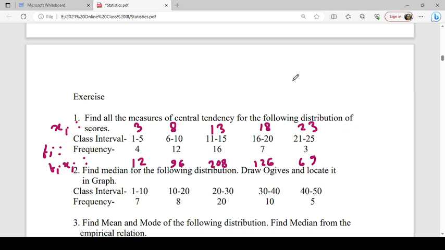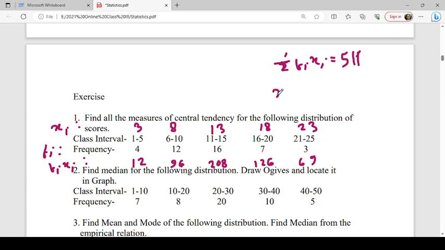And summation fi xi, what do we have? Adding the values: 12 plus 96 is 108, 108 plus 208 is 316, 316 plus 126 is 442, 442 plus 69 is 511. So summation fi xi is 511.